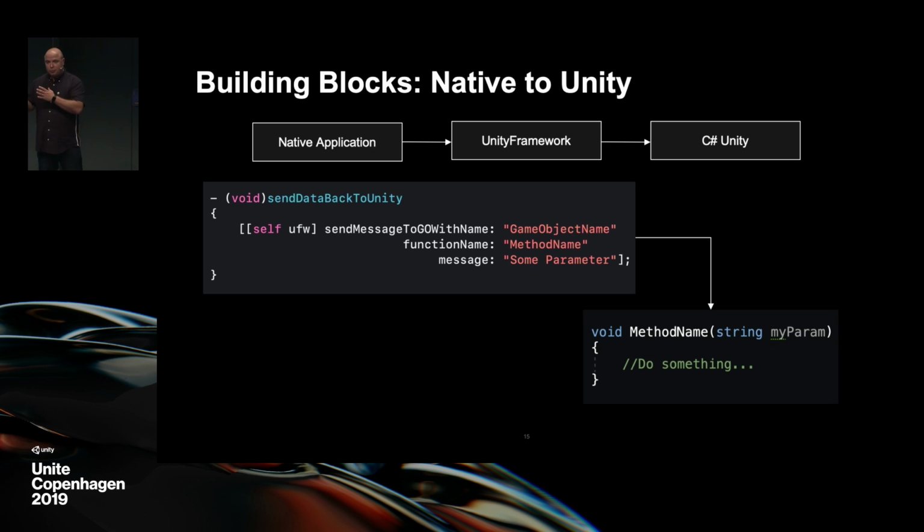Sending information from native to Unity is even simpler. In this case, Unity framework, that is basically your binary that you attach to your Xcode project, contains already commands for you to use out of the box.